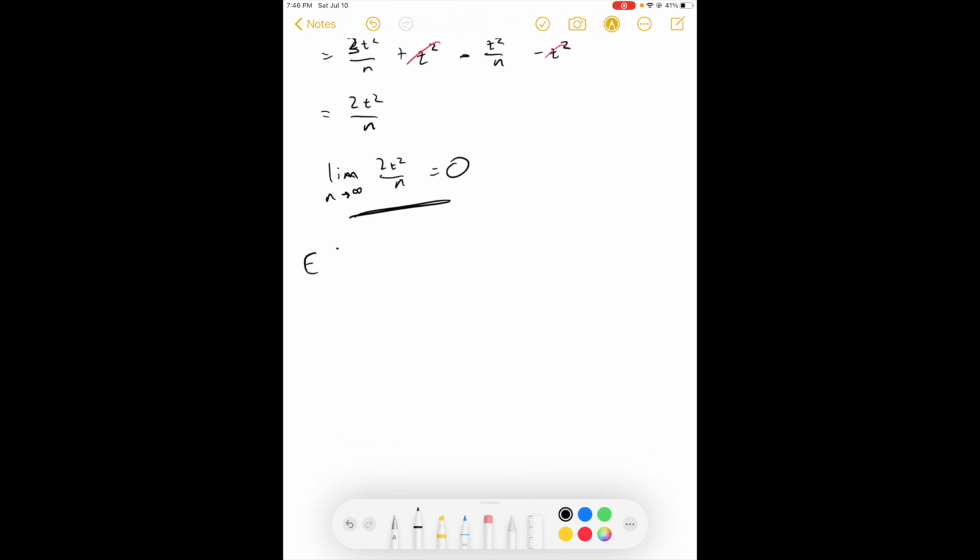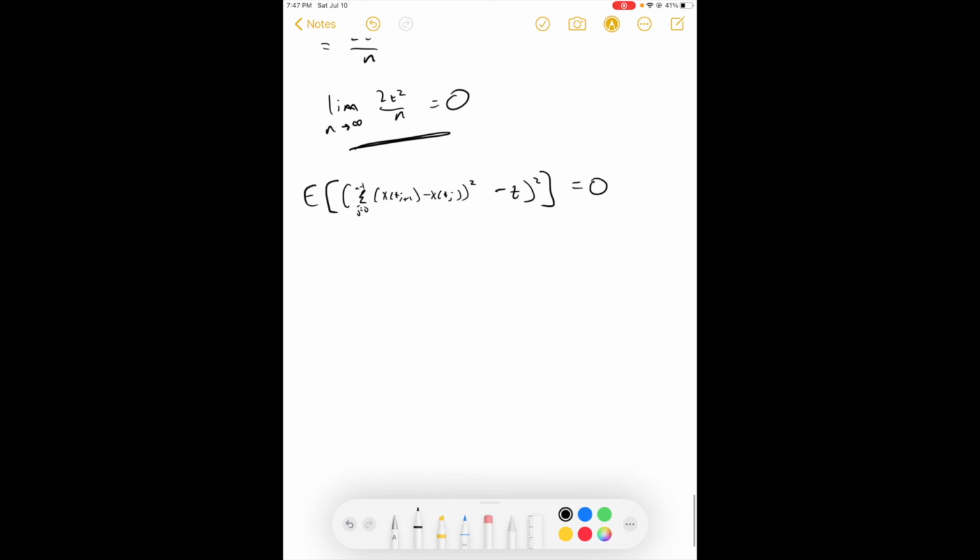So the expected value of the whole thing, that is the sum from j equals 0 to n minus 1 of x of t sub j plus 1 minus x of t sub j, squared, minus t, totally squared, is 0.